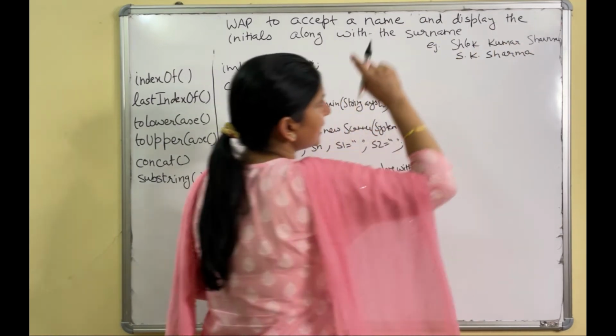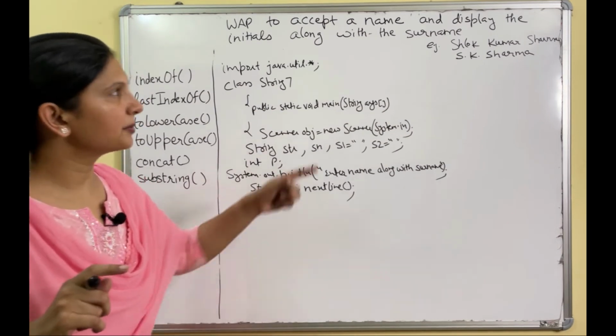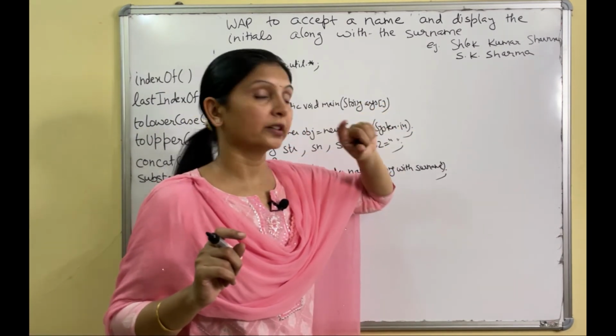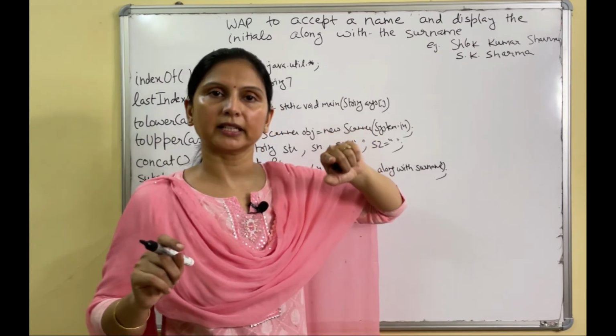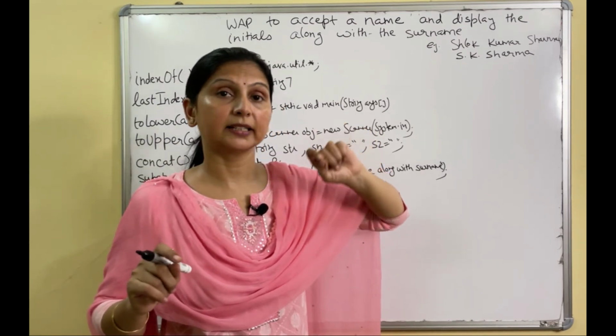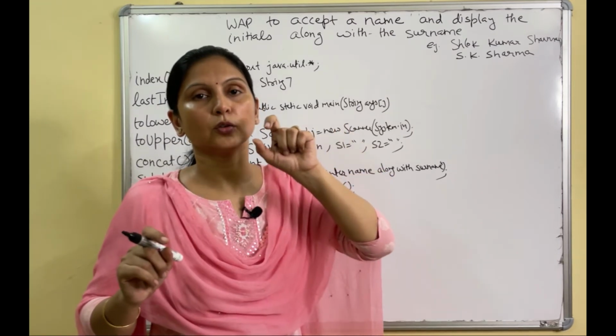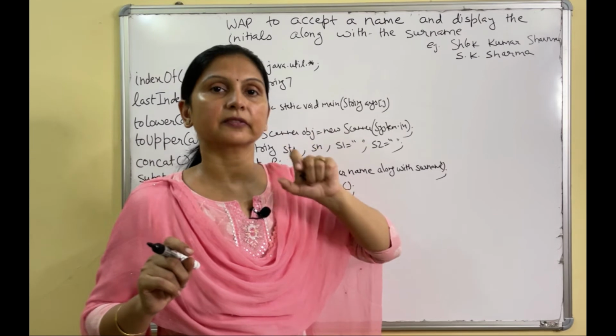If you remember, in the last video we made one similar program, and I gave you one example, India is my country, and we displayed I.M.C, the first character of each word concatenated with a dot sign.